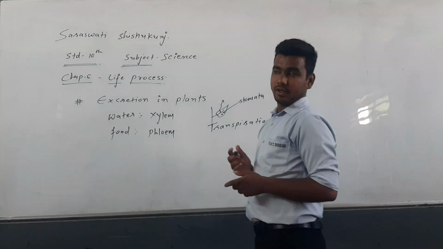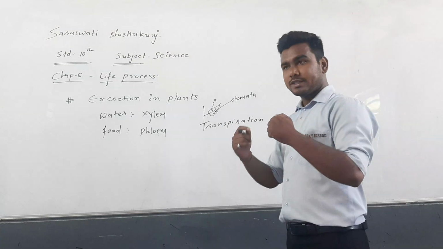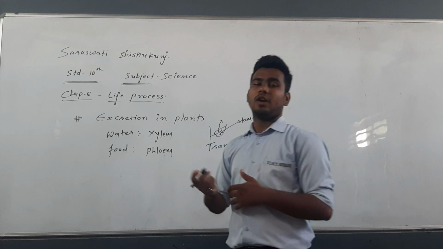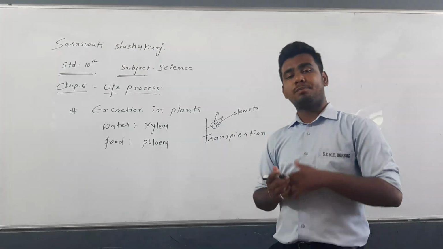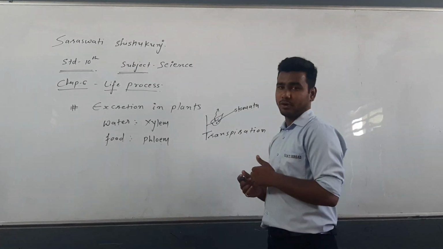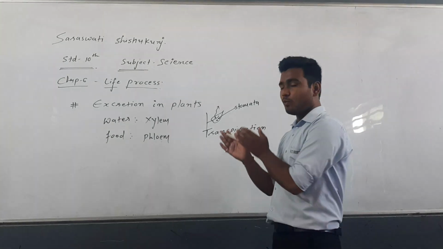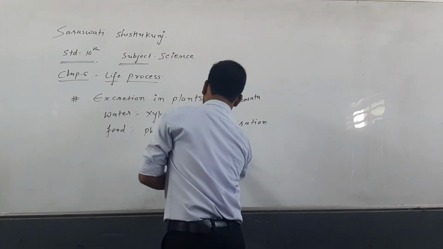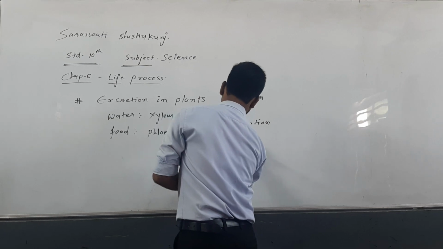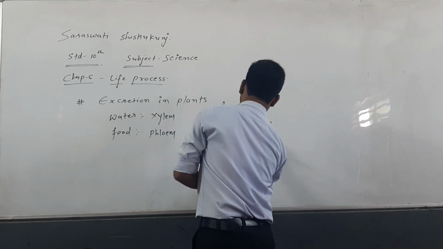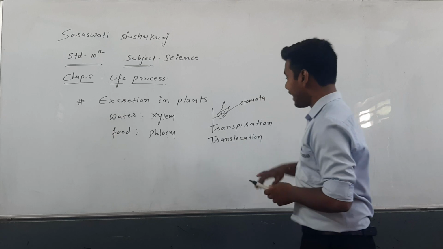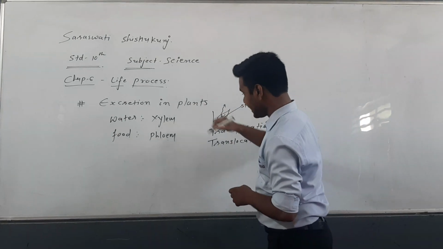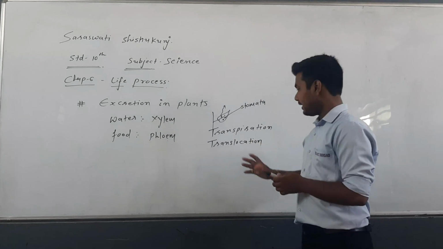Also, we understood that the food, or photosynthetic products, are transported from one point to another in plants, and that is called translocation. So by transpiration and translocation, there is a supply of water and food.